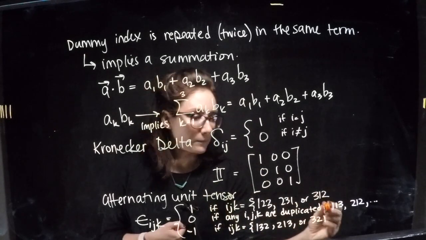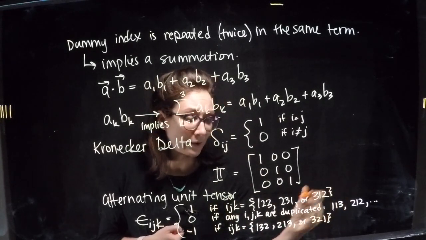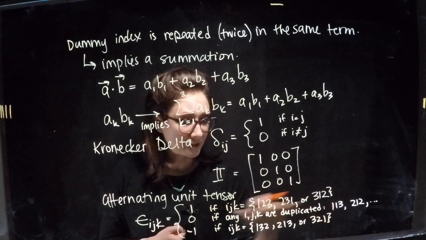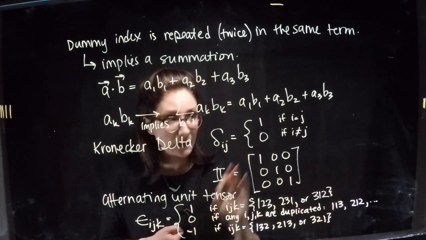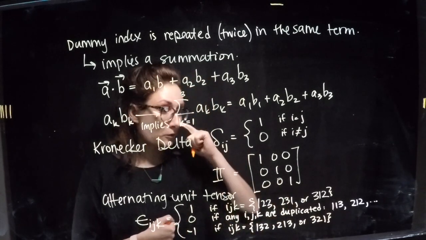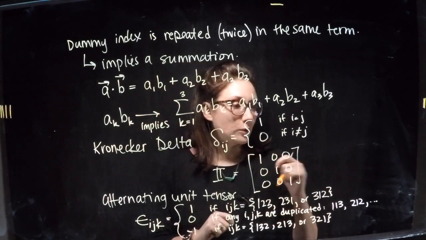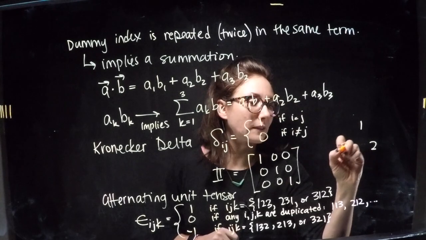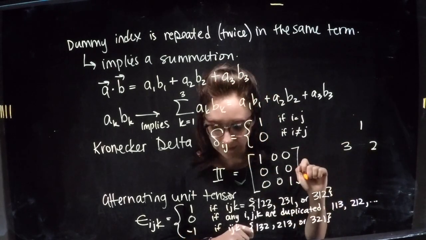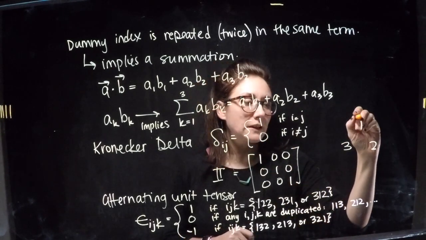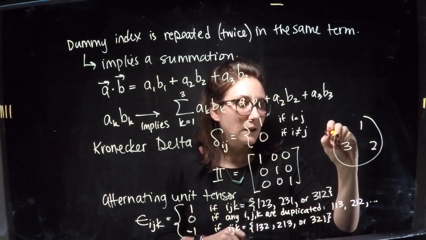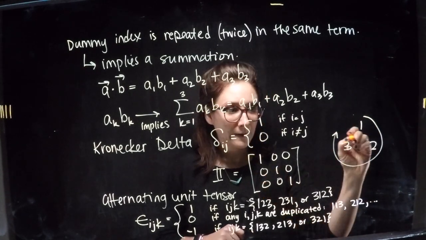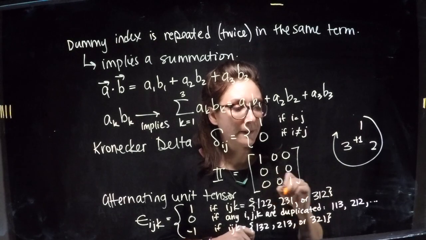All right, and you might be thinking to yourself, wow, that's a lot to remember, right? All these different combinations mean different things. It's actually not so bad. There's a nice little trick to remember which one you'll have here. So if you write down 1, 2, and 3 in a triangle like this, all you need to remember is that if the order of your indices goes clockwise, then it's a +1.